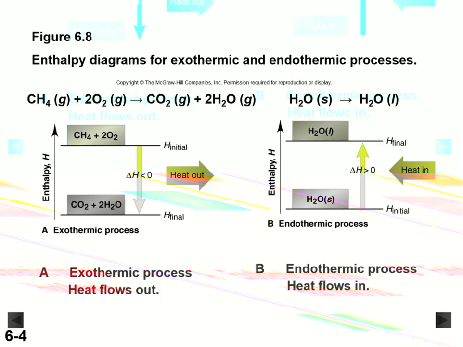Delta H is positive. This is what we term an endothermic process. Heat flows in an endothermic process. Delta H is positive. And if delta H is negative, we call it exothermic. If delta H is positive, that's endothermic. That's something to remember.